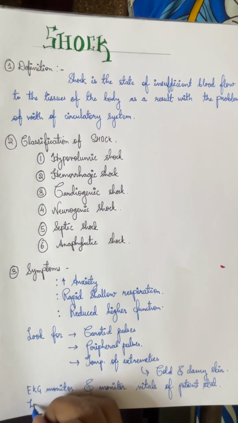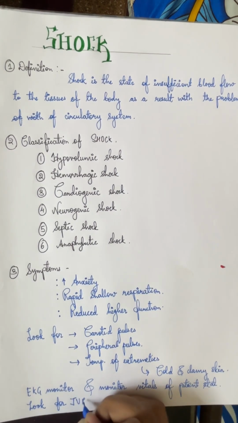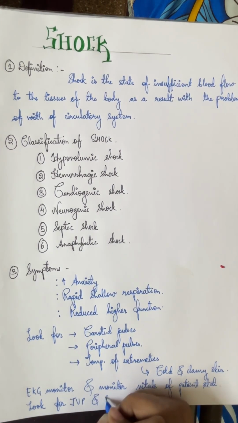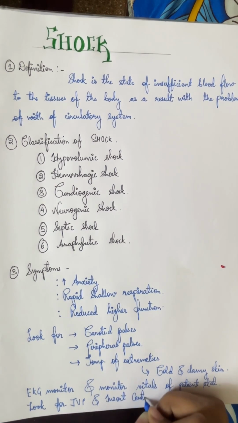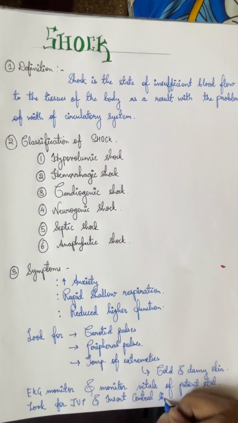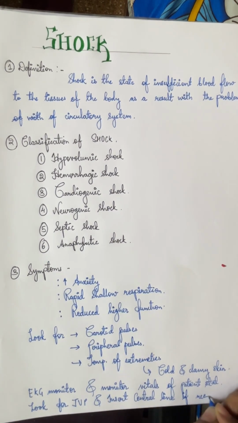Also, look for JVP and insert a central line if needed.